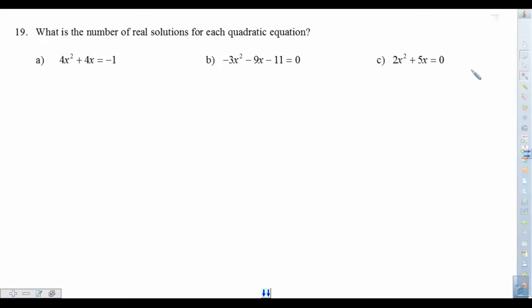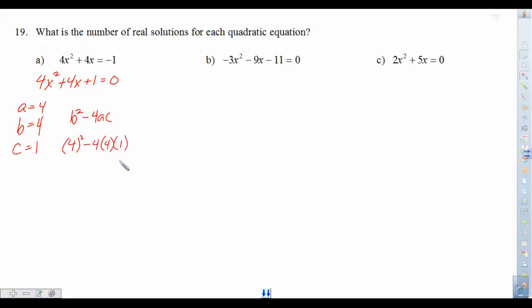When you're looking at part a, don't forget, you have to set it equal to 0 first. So 4x squared plus 4x plus 1 equals 0. Then a is 4, b is also 4, c is positive 1. b squared minus 4ac would then give us 4 squared minus 4 times 4 times 1.